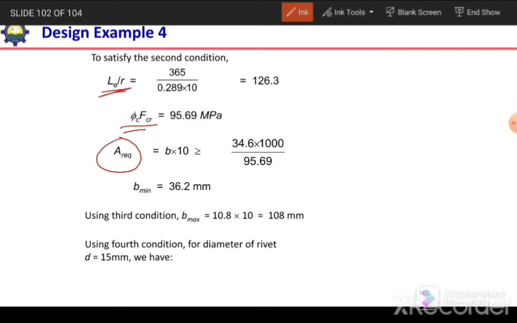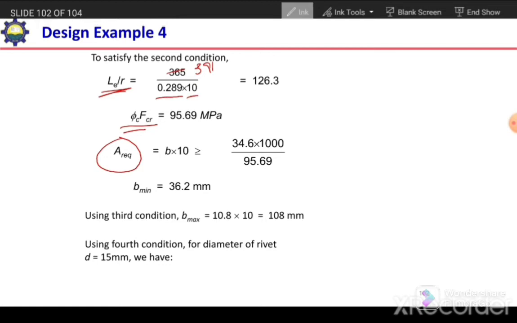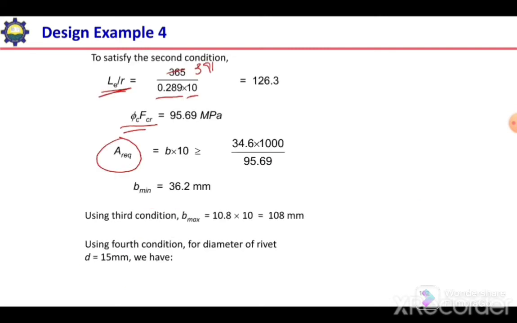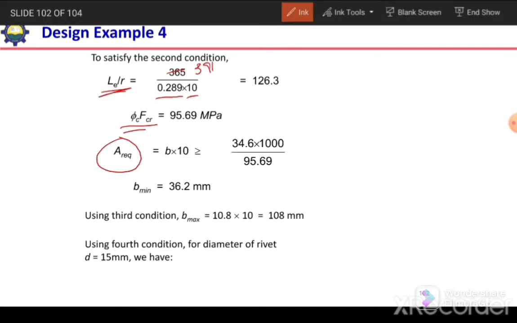So now we can calculate the slenderness ratio LE over r, because we have this LE 391 and we have this r value 0.289 times the thickness of the plate, because we have already calculated r minimum is equal to 0.289 T. So 0.289 times thickness 10 millimeter comes out to be 126.3.